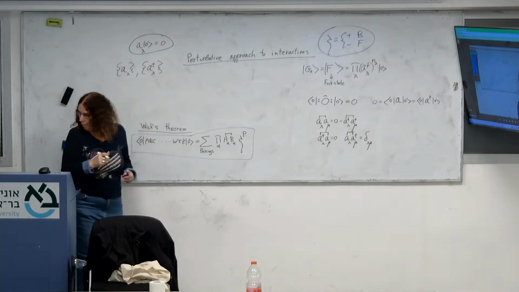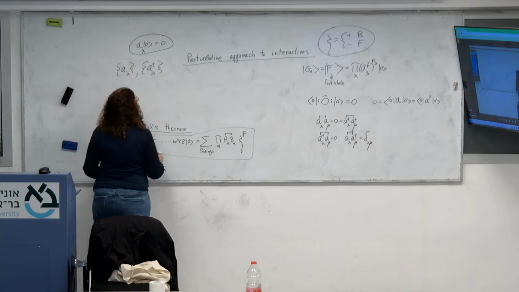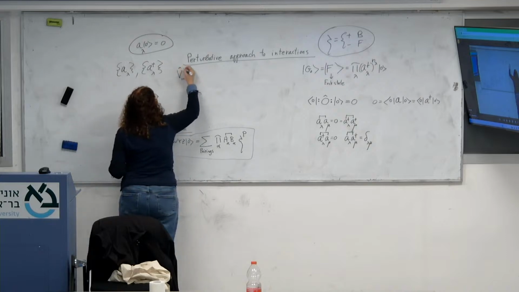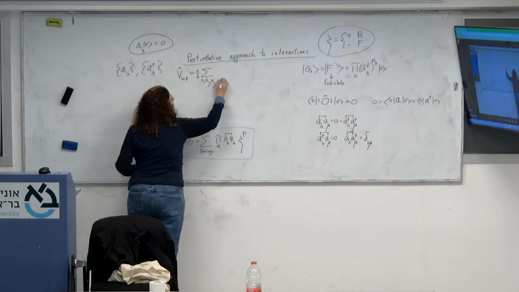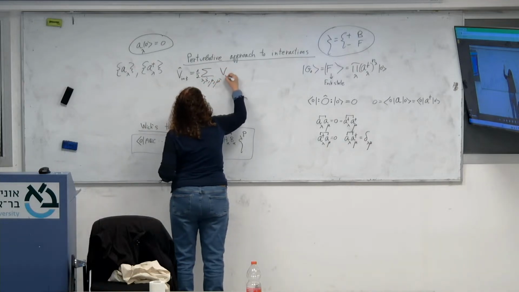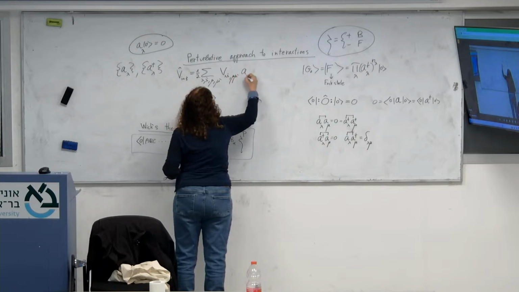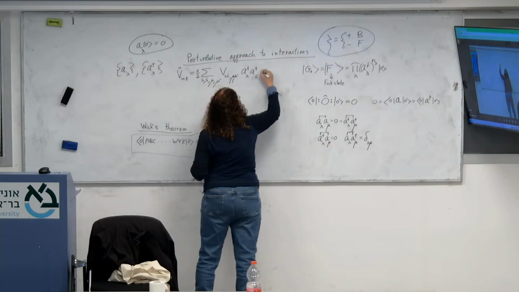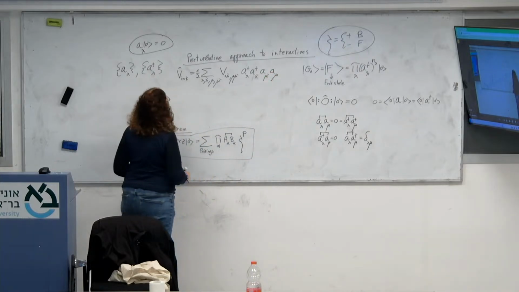So let's write down a general interaction term. It's a sum of lambda prime, mu prime, V lambda prime mu prime, a lambda dagger, a lambda prime dagger, a mu prime, a. That's the general interaction term.